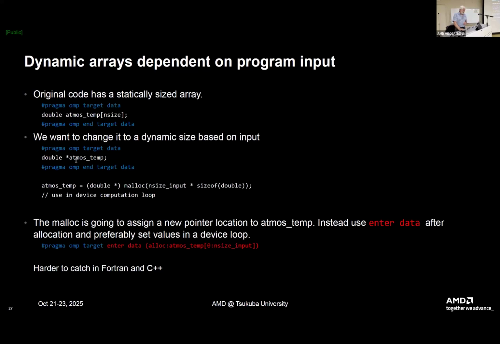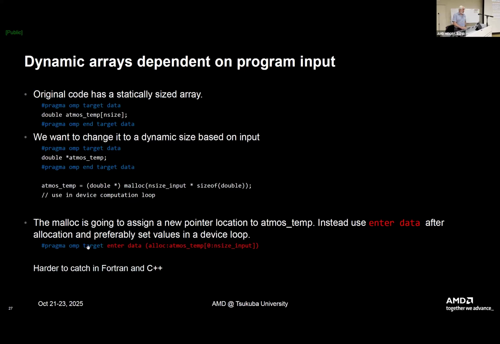So here we have dynamic arrays. In this case, we're going to allocate the data later, because this array may be a different size depending on the input. If we just do this OMP target data, it's only copying the pointer over.